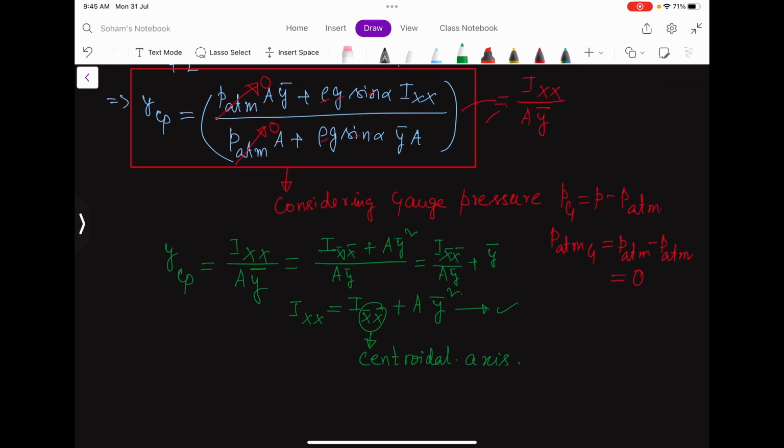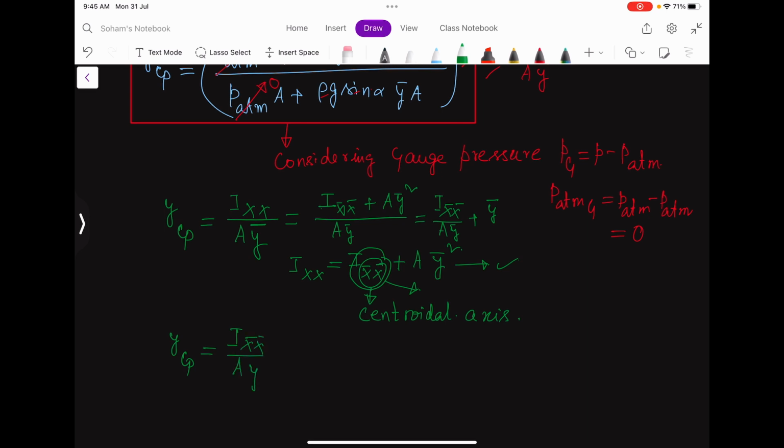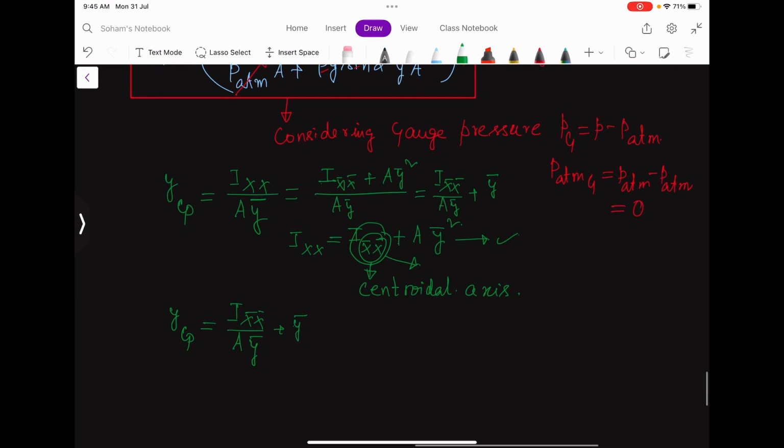For a general cross section, this is easier to remember, so that's why this formula is used whenever you consider finding the ycp.